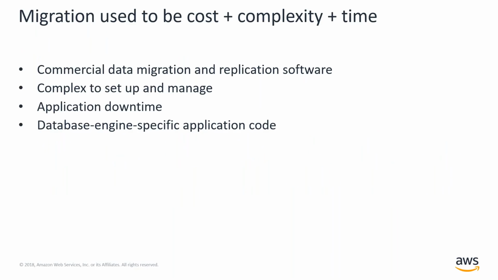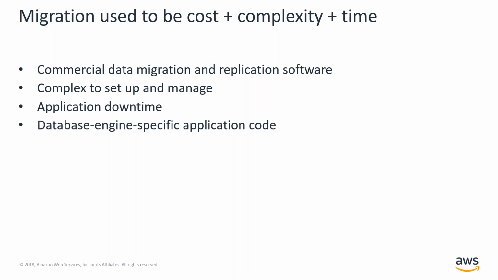Now, when we think about migrations, sometimes I hear, hey, migration really equals cost and complexity and takes a long time, right? And I think the idea of replatforming your data warehouse has been around for probably decades. And what's really different, or what makes some of the capabilities of AWS unique, is being able to take advantage of the Redshift platform.